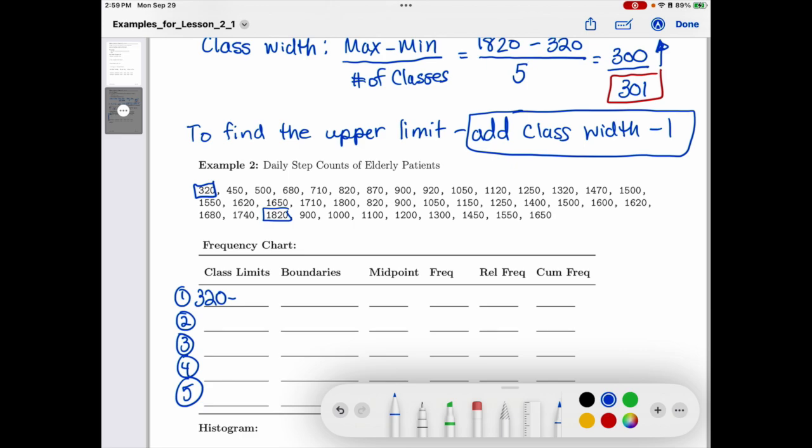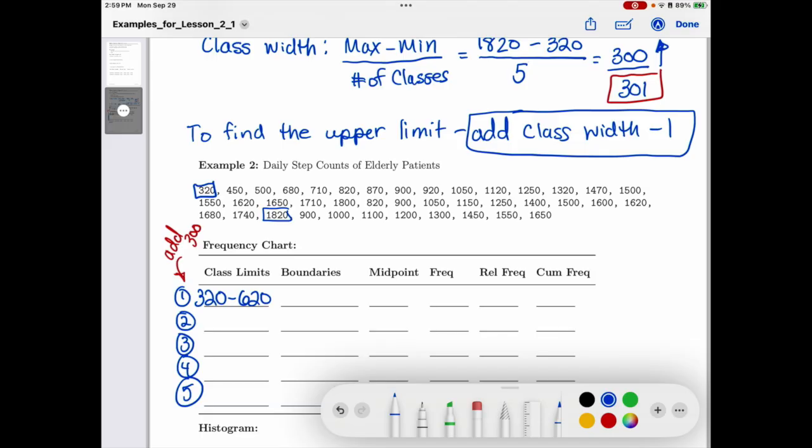So to find each of my upper limits, I want to add 300, not 301. When I do that, I get 620 as the upper limit for my first class.